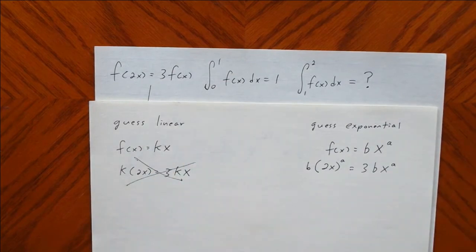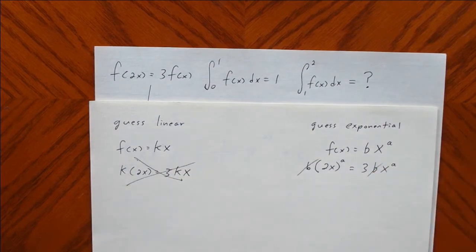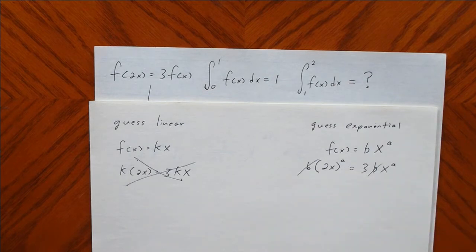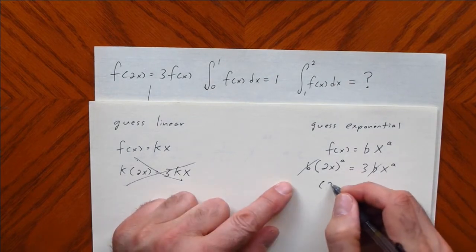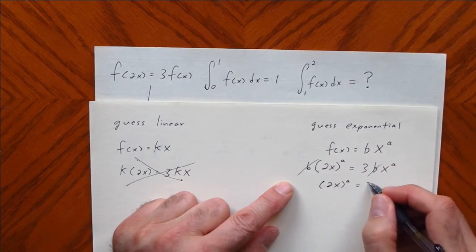Now, right away we don't see anything that would eliminate this from contention. What we can do is cross out the b's, divide both sides by b. That doesn't mean there's no b, it just means that the b can be anything. We're going to find the identity of b later. So this leaves us with 2x to the a equals 3x to the a.